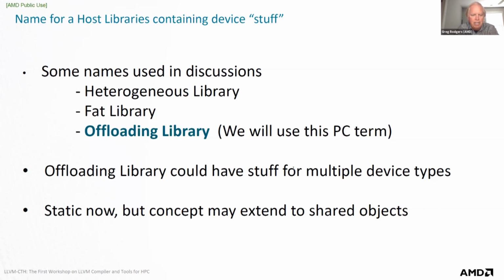Clang uses the word offloading toolchain in the development. So for the time being, I'll call this an offloading library unless somebody comes up with a better name. Remember, the offloading library could actually have stuff for multiple device types, because it's not just one device. It could be the host plus each device that you're concerned about. Right now, the offloading library is static, but the concept could extend to shared objects in the future.